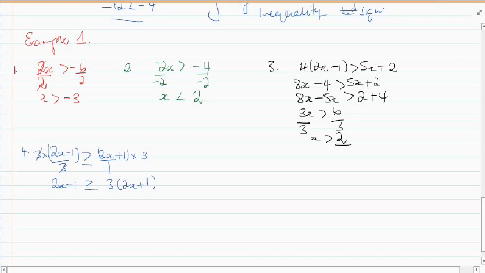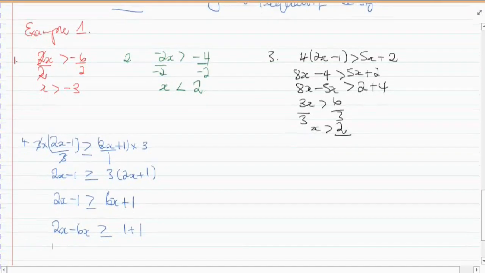This is the result. So then now we're going to have 2x minus 1 is bigger or equal to 6x plus 1. So now we have to transpose 6x to the left hand side, so we end up with 2x minus 6x, and then transpose the negative 1 to the right hand side, we're going to have 1 plus 1.